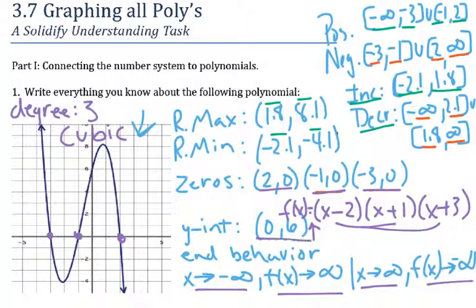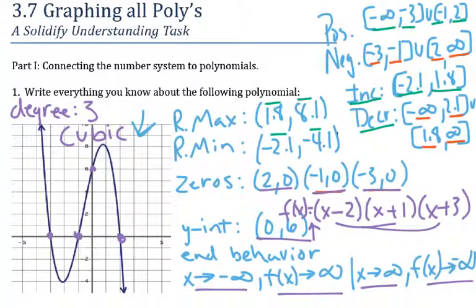We've also got a y-intercept, (0, 6). It doesn't have any other fancy names. Okay, and then we can decide if it's a negative or a positive based off that end behavior. Okay, so since it's odd and cubic, now we just have to decide which side it should be.